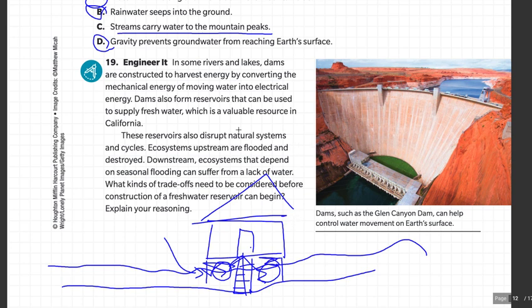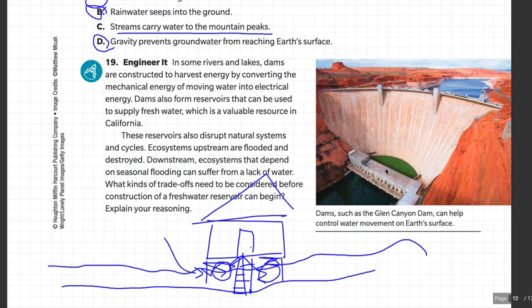But they cause a lot of problems downstream. They can disrupt ecosystems. They basically flood anything before it. So there was a town actually where we live, where Folsom Dam is. There used to be a town there, and it's not there anymore because it got flooded.